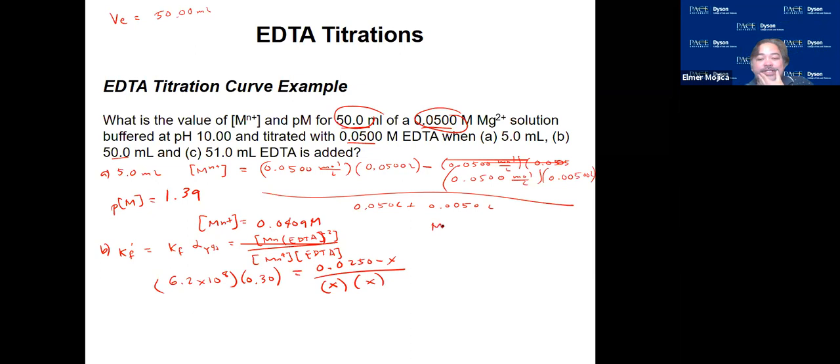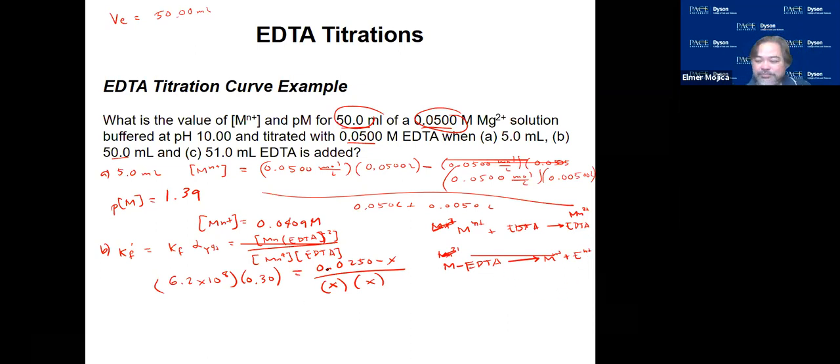So what happened is you have Mn plus EDTA, and you form the complex, right? But the way that you're going to do it is, remember, when you are at equilibrium, this becomes the reactant, and this becomes the product.